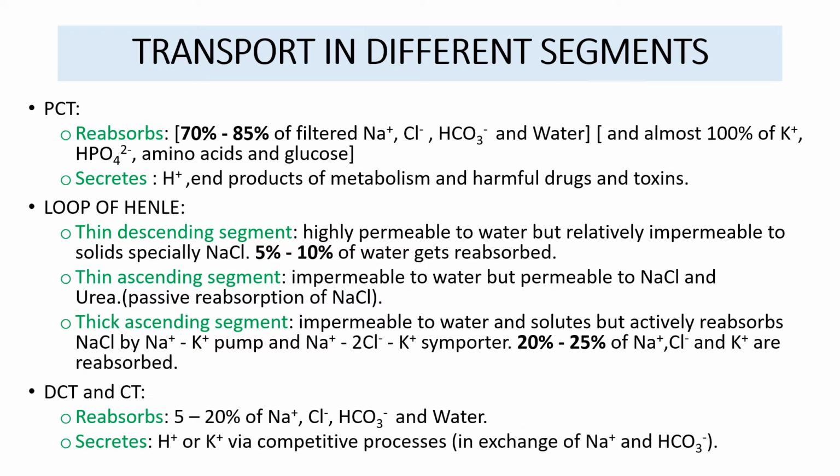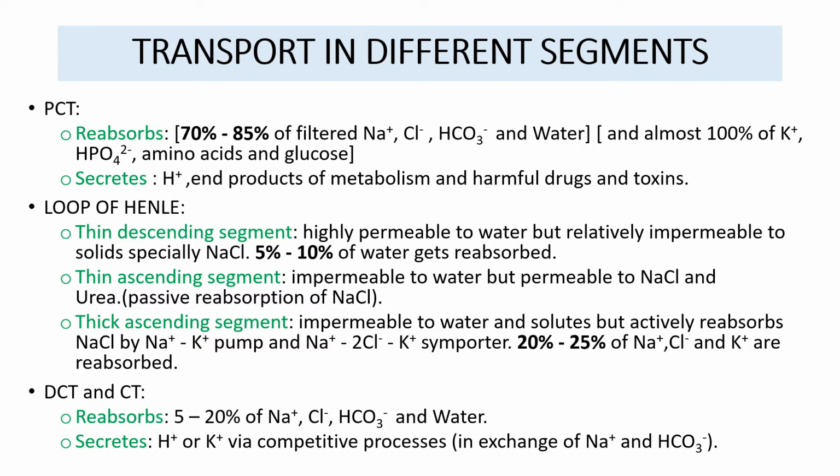What it reabsorbs and what it secretes: it reabsorbs 70 to 85% of sodium, chloride, bicarbonate and water, almost 100% of potassium, phosphate, amino acids and glucose. And it secretes hydrogen, end products of metabolism, and harmful drugs and toxins.